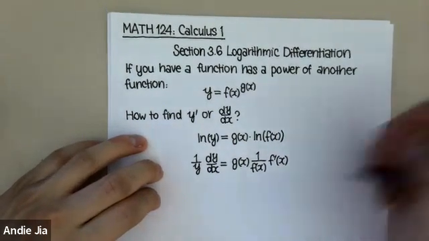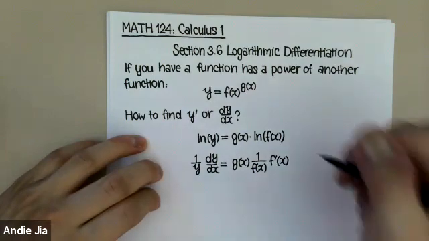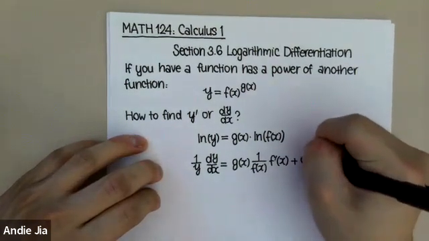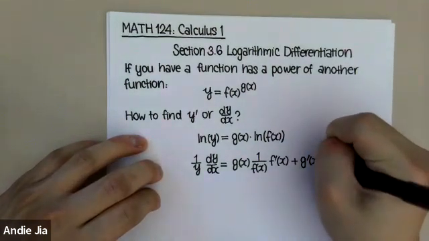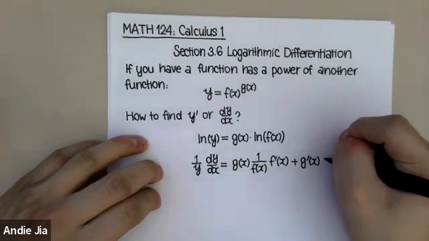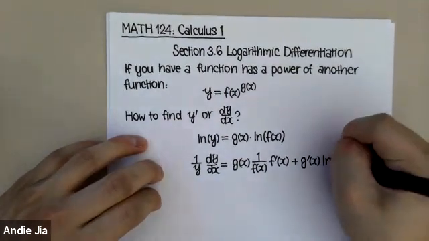By the chain rule we get this, and by the product rule, basically all the rules we can use.